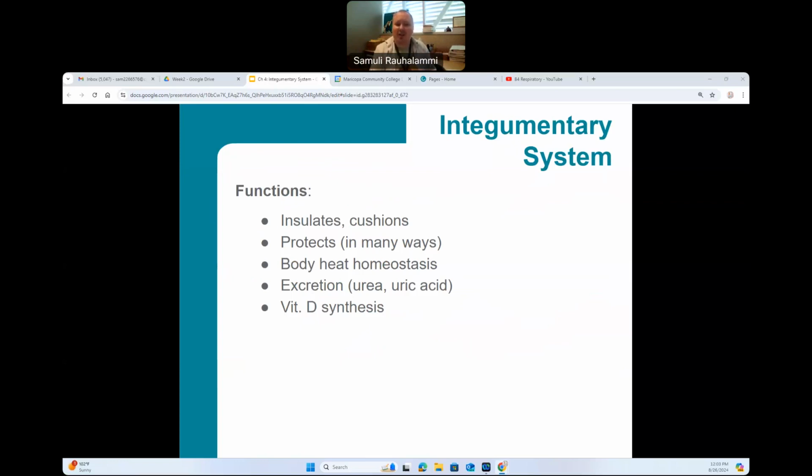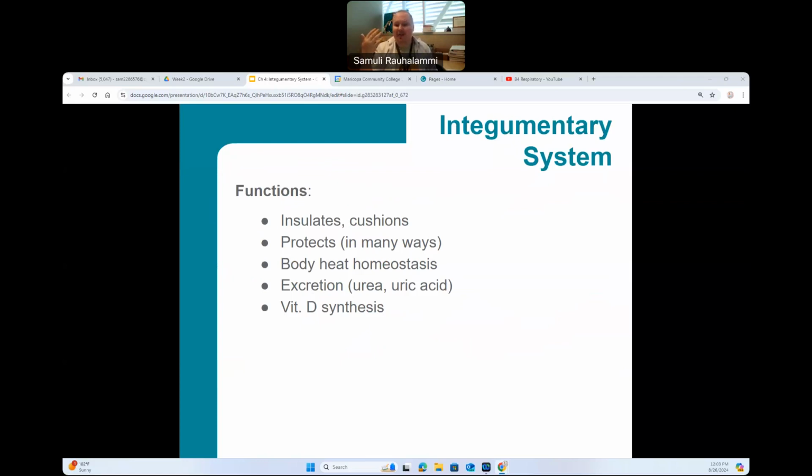In addition, the integumentary system protects us in many ways: against mechanical bumps or cuts, chemical protection, for example against acids or bases, thermal protection from contact with too hot or too cold surfaces, and protection from UV radiation in sunlight.